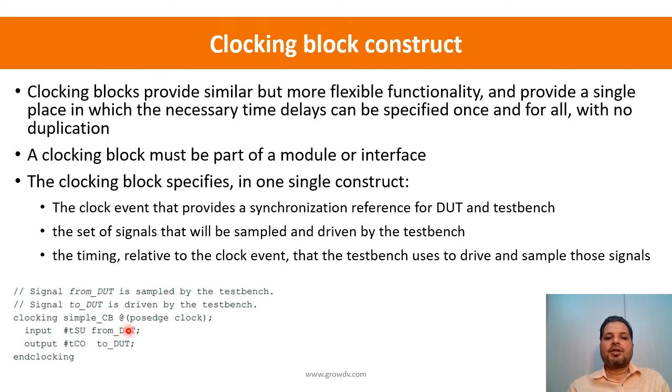So any information that is being driven from DUT will be sampled TSU prior to the point where it is being driven, right? It is sampled before that. That's the input skew, and then any information that we are driving onto DUT will be driven out on the actual signal only after TCO. This is what the clocking block specifies.